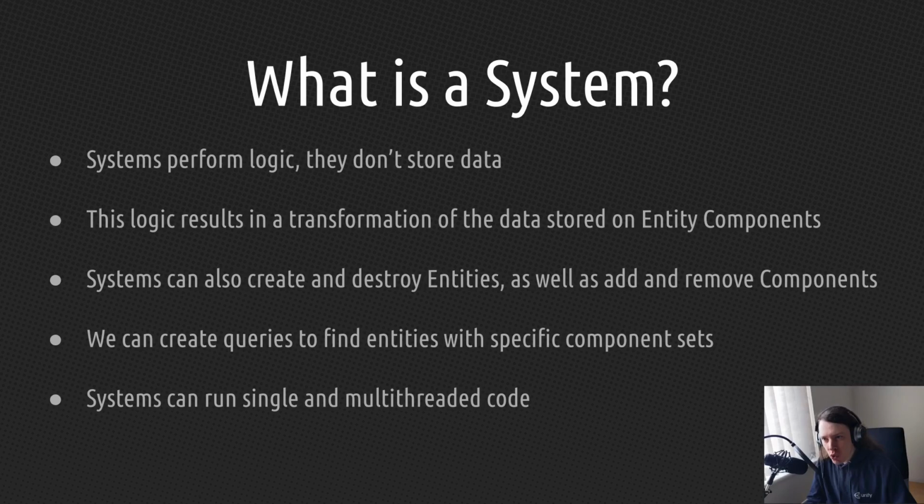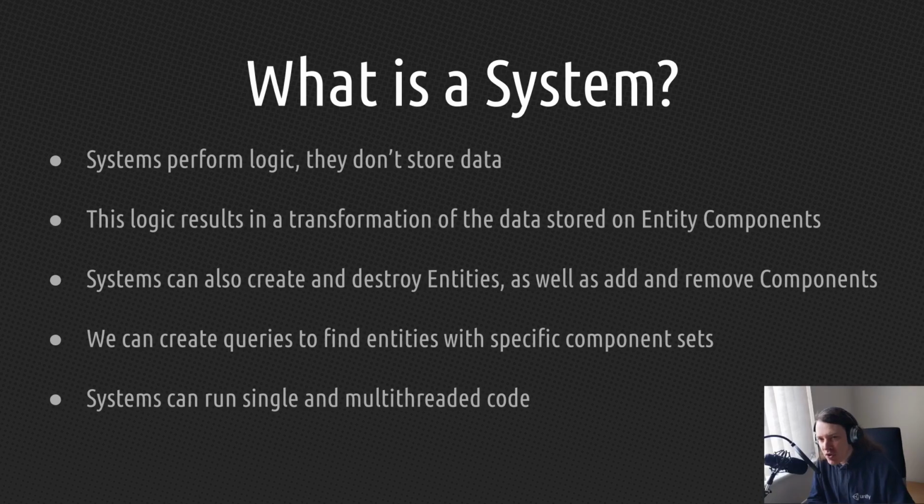So all of your logic is happening in systems. The main tool that systems have to perform this logic is something called a query. A query will help you find specific entities with specific sets of components. So for example, if you wanted to find all of the entities that exist in the world that have a player component, you could create a query to perform that operation for you.